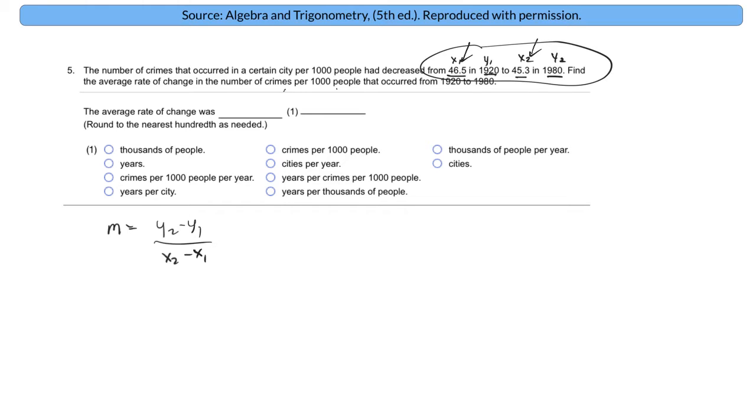So let's change this. This will be y1, x1. This will be y2, x2. So slope formula, y2 is going to be 45.3 minus y1, 46.5, divided by x2, 1980, minus x1, 1920.